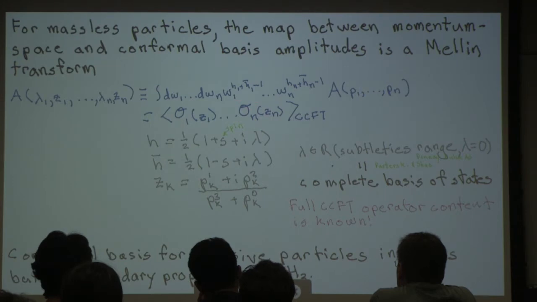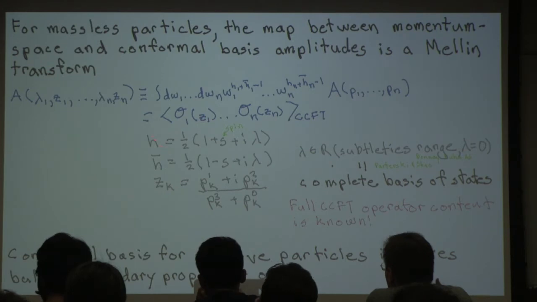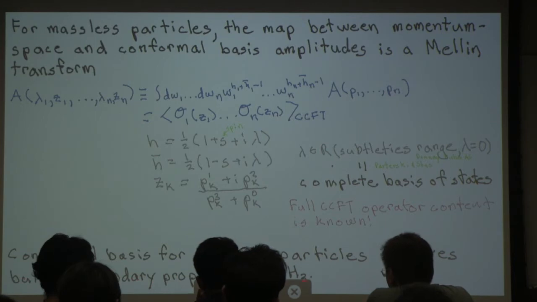It's not completely obvious, but this thing now transforms like a correlation of a collection of primaries of weights h and h bar under the conformal group. Now, this is for massless particles. You can also do this for massive particles, a little more complicated.